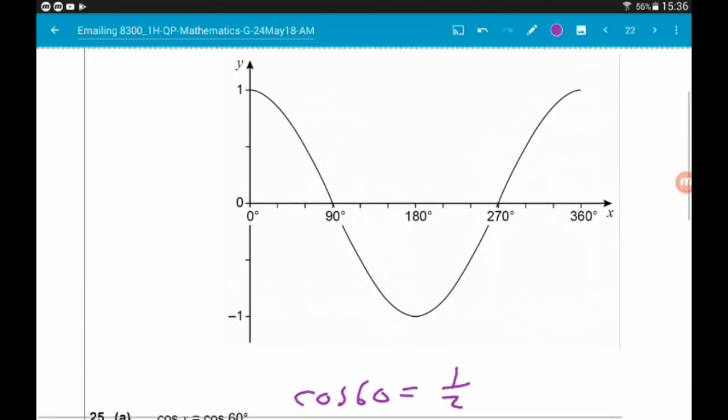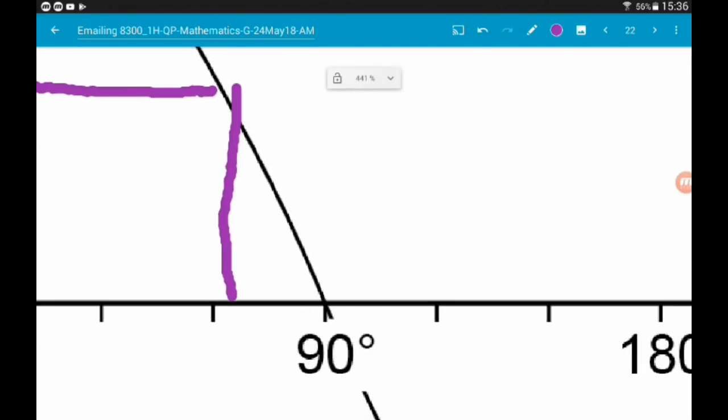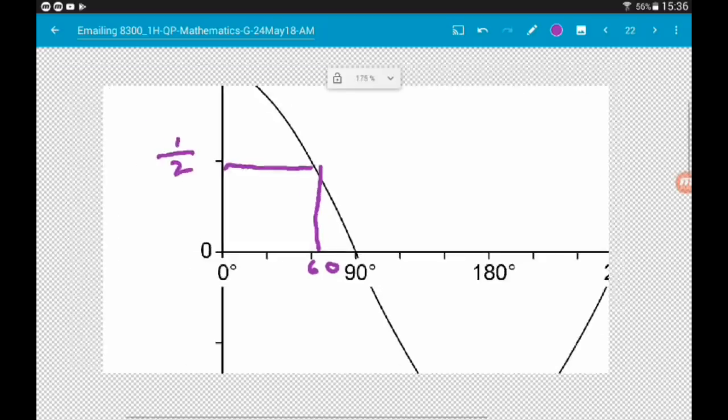So what this is asking us to do is, first of all, if we put our value of 1/2 here, if we go across from that till we hit the graph, then we go down, our 60 degrees is roughly there. So that's what cos of 60 looks like.